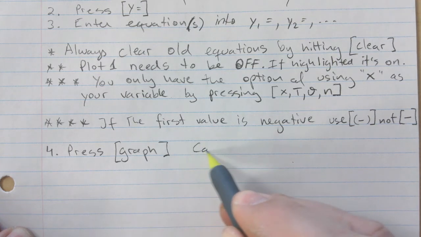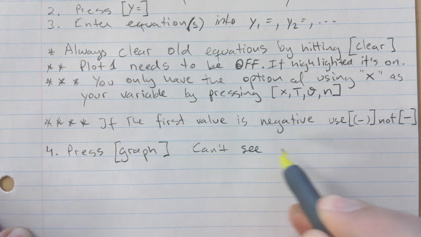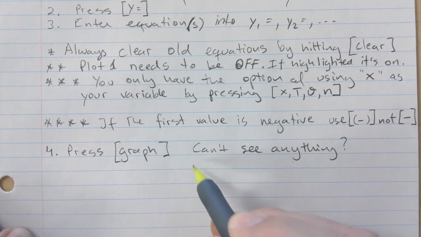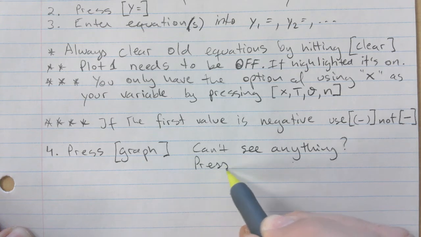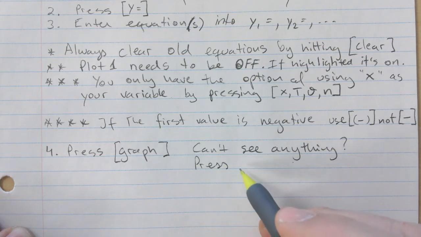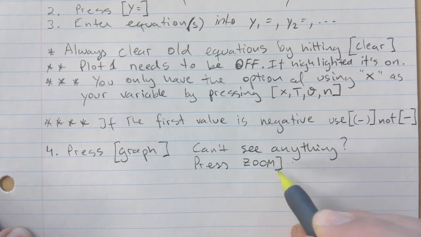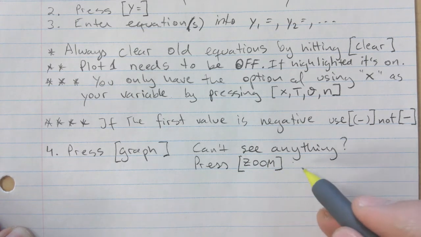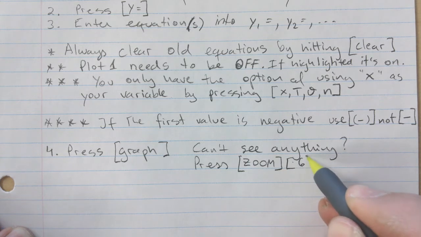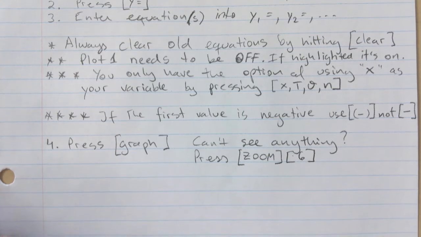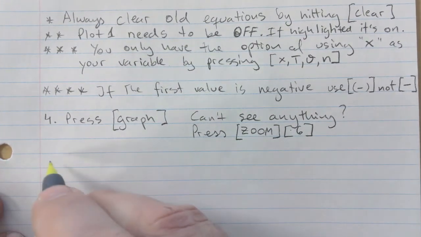Can't see anything. It's like troubleshooting, right? Press zoom, that's a button as well, followed by number 6. I'll tell you what it does.